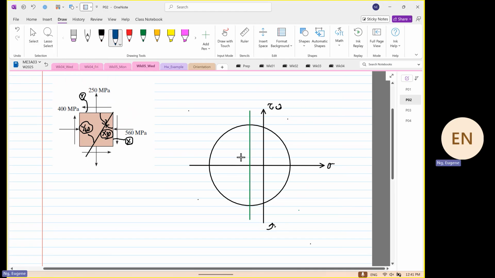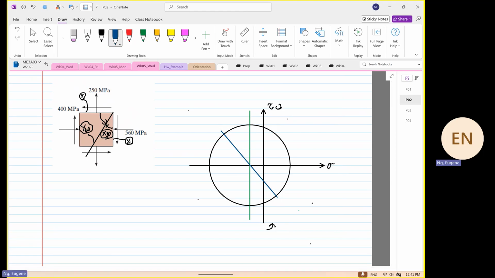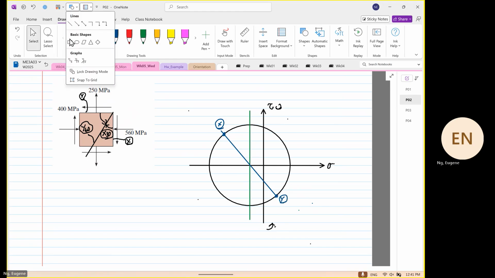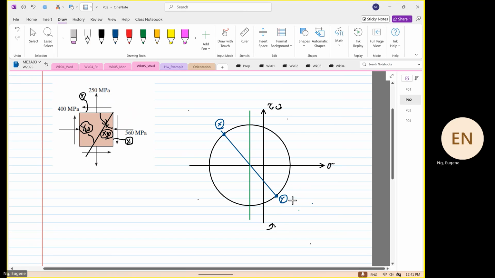So we found out that this is our X. And over here, this is our Y. And on that, this is the orientation of our element.